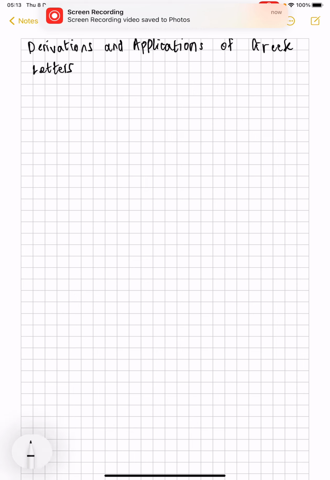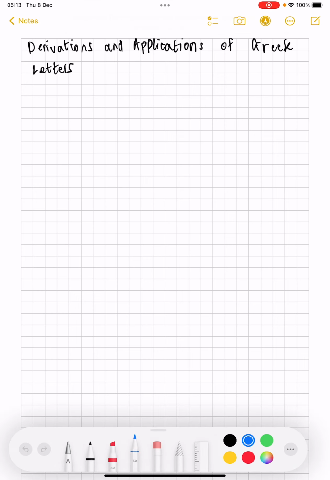So, in this chapter, we're going to talk about derivations and application of Greek letters.